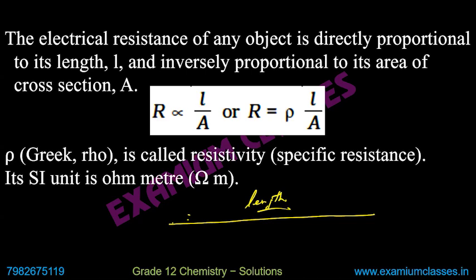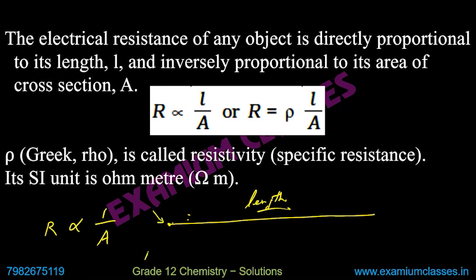Greater the length, higher will be the resistance, or smaller the cross sectional area, higher will be the resistance. It means resistance is inversely proportional to the cross sectional area of this wire. If you increase the cross sectional area, resistance will decrease.